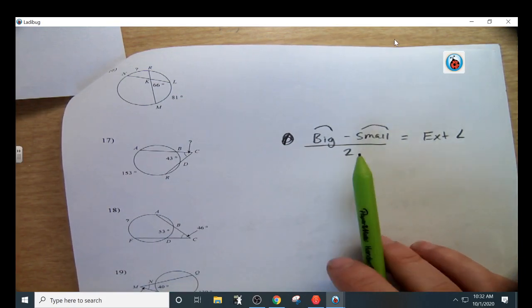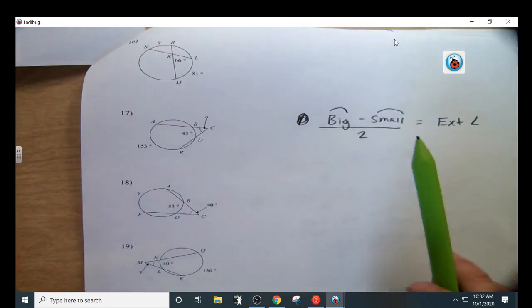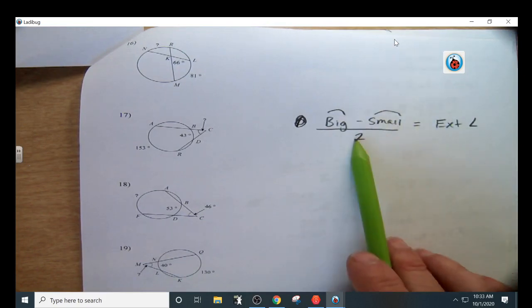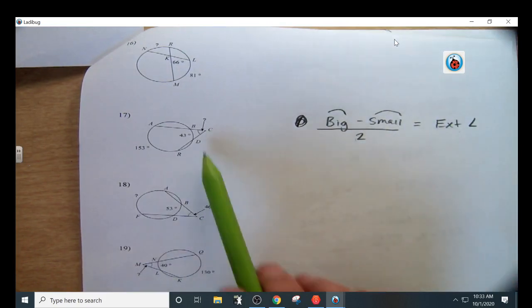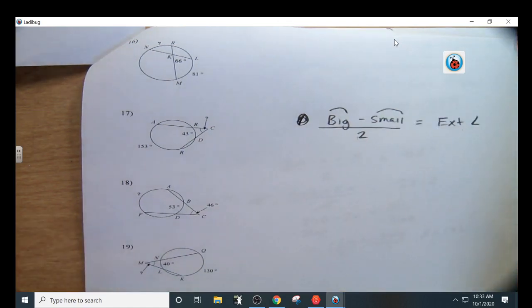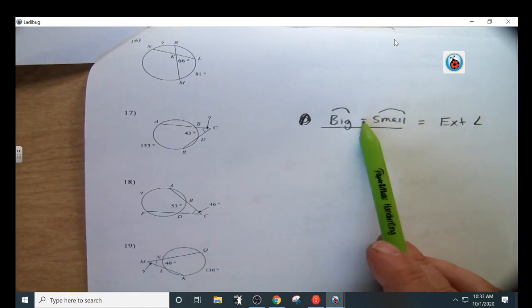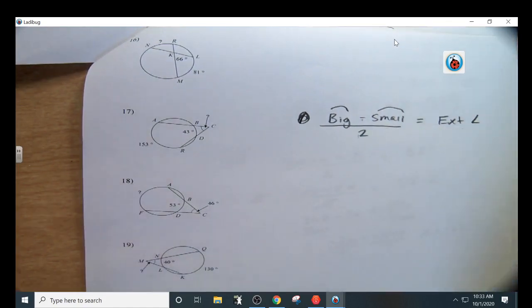I had to put it that way because I selected it, but it's that same one we used at the beginning, big arc minus small arc divided by 2, because those are external angles. One good thing about circles, if it's external, it's this. If it's internal, it's the same one, except that's going to be a plus, and that's going to be an internal angle. It's the only thing different.